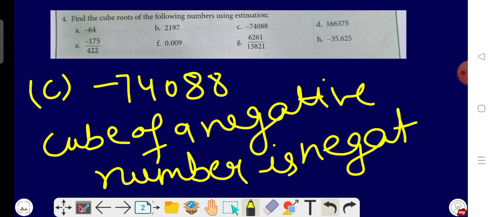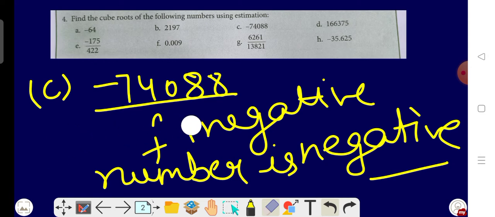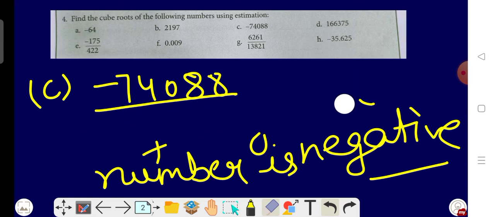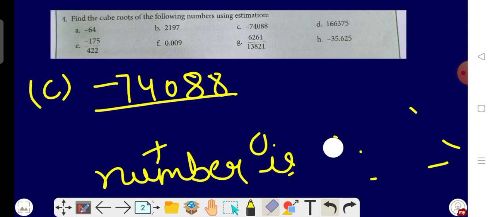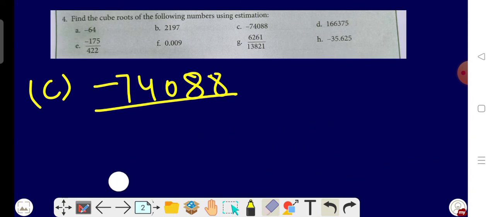In the same manner, the cube of a positive number is also positive. Here we have been given a negative number. This implies that the cube root of this number is also a negative number. This negative sign indicates that the cube root of this number is negative.